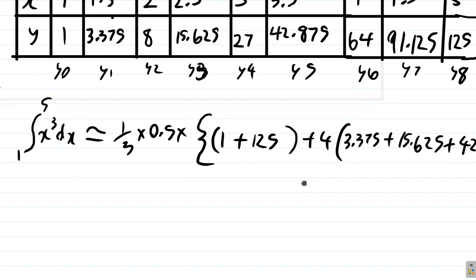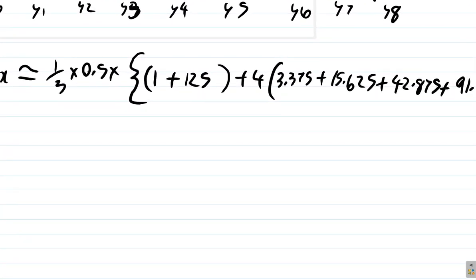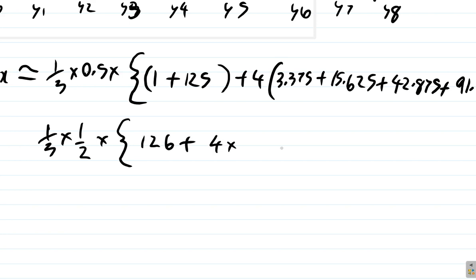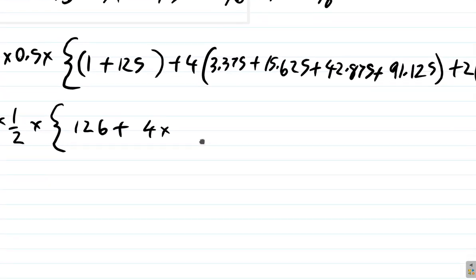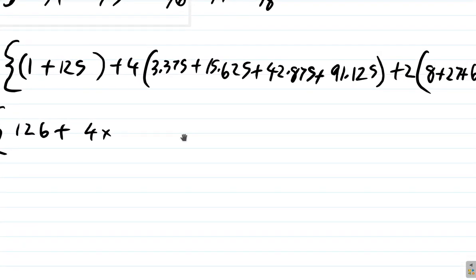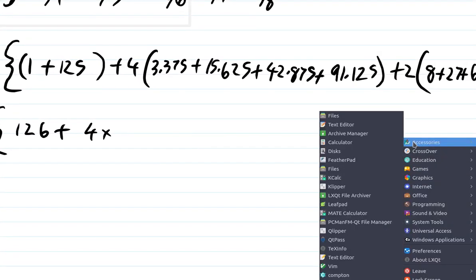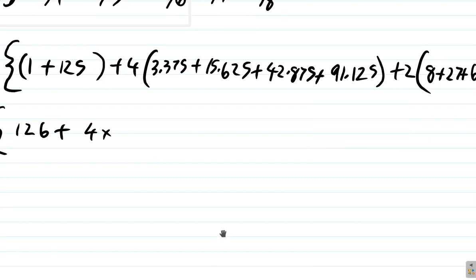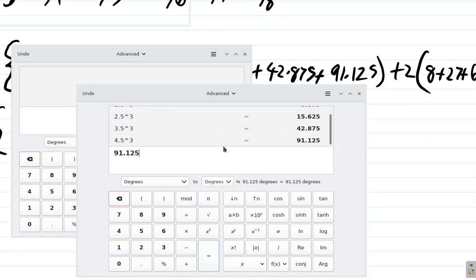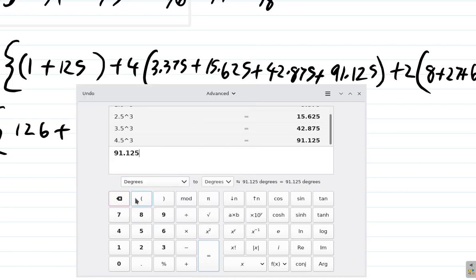Now, here, what you're going to have is 1/3 times 0.5, which is half, times 126 plus 4 times. Now we're going to sum up these things. Let's sum them up using our calculator.